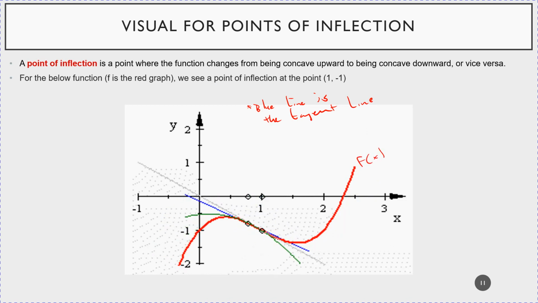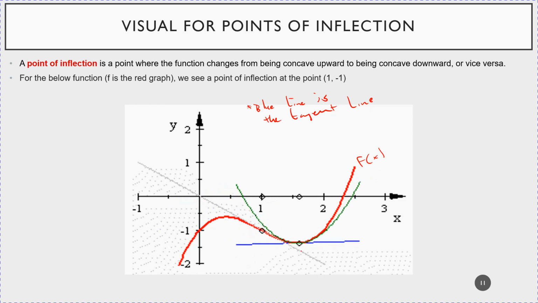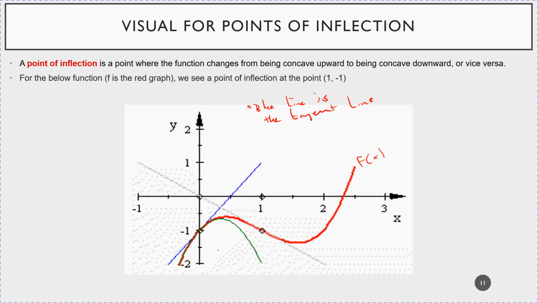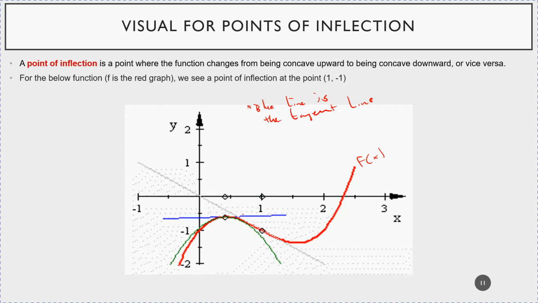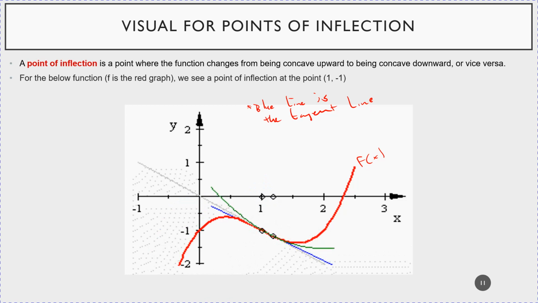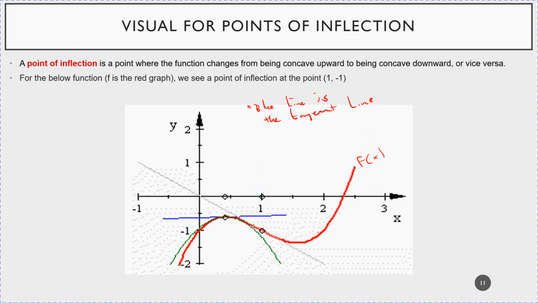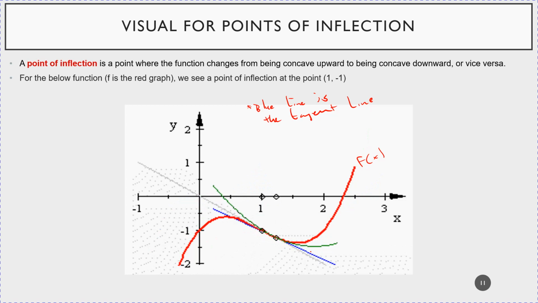This point, 1, -1, is a point of inflection, because watch what happens to the slope of the tangent line. It's falling, falling, falling, so it's concave downward, and then as soon as it hits this point, the slope of the tangent line starts rising, so it goes concave upward. So it's concave downward over here, concave upward over here, and where that changed, where it's starting to rise now, that's the point of inflection right there.